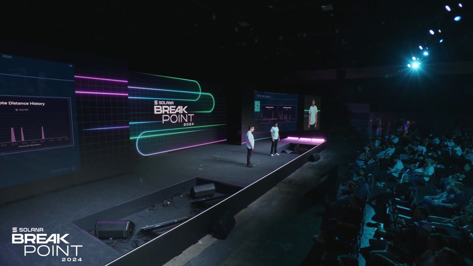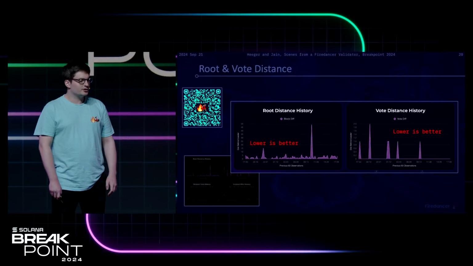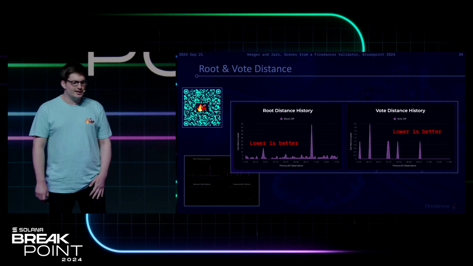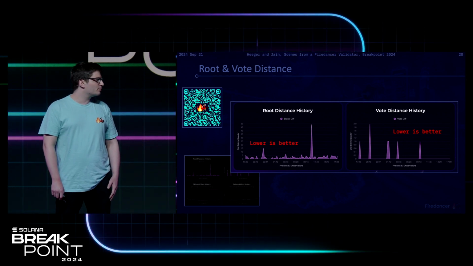You can think of these metrics as slightly different measures of how far behind the latest block we are. Effective validators have a lower root and vote distance and are therefore closest to the tip of the chain. They also vote for as many blocks as possible. Not only does this ensure the validator is contributing in a healthy manner to consensus, but it also means that they're voting at the necessary cadence to earn as much of the voting rewards as possible.